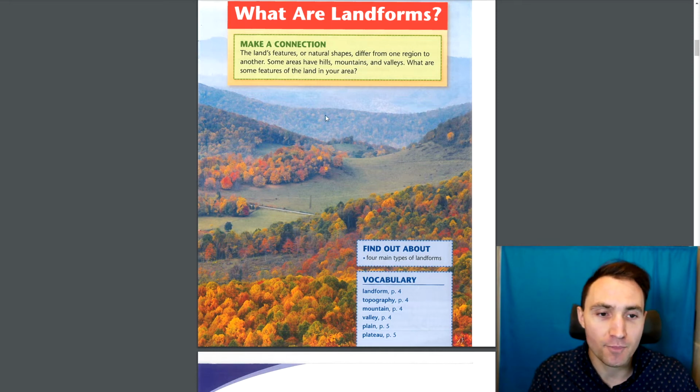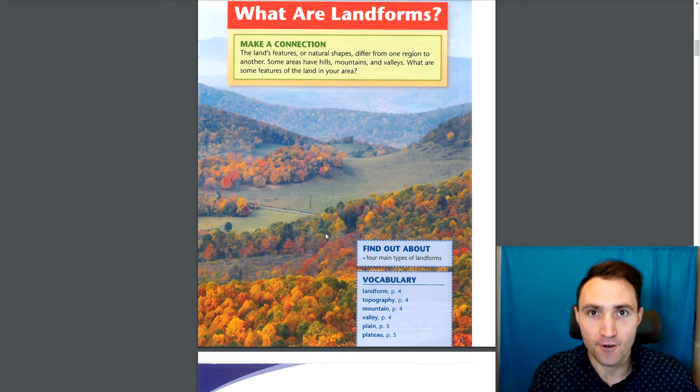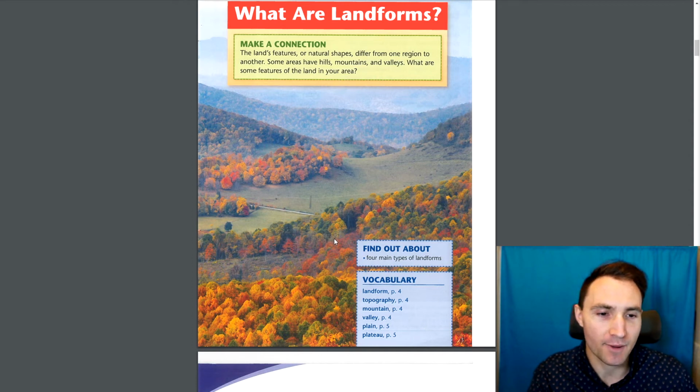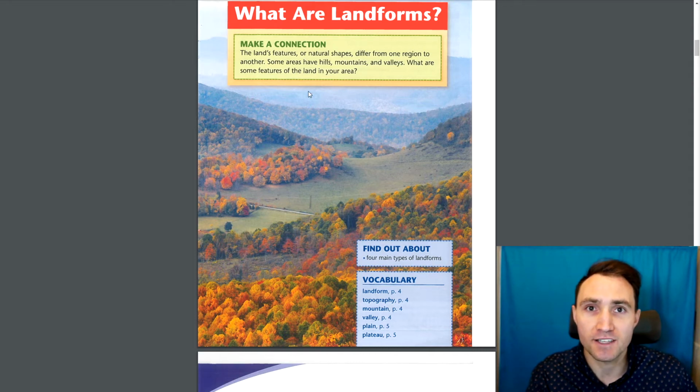This picture on the page reminds me of Virginia, where I was living before. A lot of colors in the fall in Virginia. Not so many colors here in Gallup, but Gallup has its own beauty. But this is like Virginia: rolling hills and older mountains that are smaller because of a lot of weathering and erosion taking place. So the mountains are smaller, they're older over there.